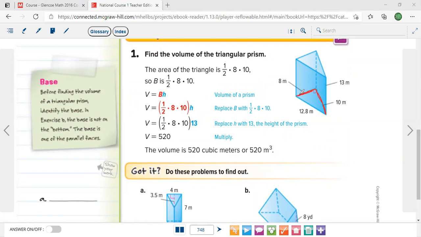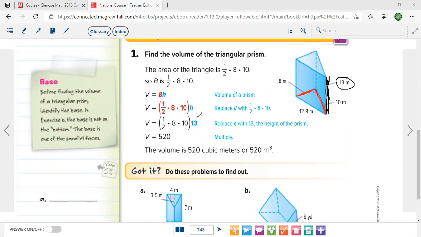This is the base of the triangle and this is the height of the triangle. And this is the height of the prism. The height of the prism is always the line joining the two triangles, triangle in the base, triangle in the top.